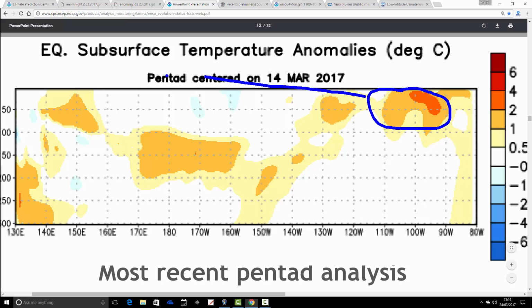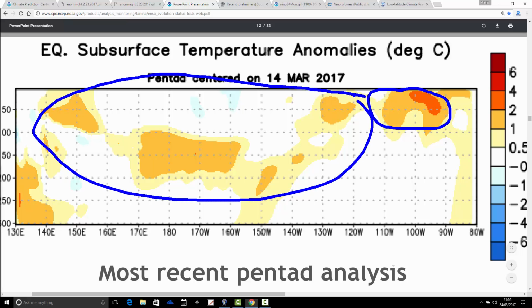But going out further towards the central part of the equatorial Pacific, which is all this sort of area just here, you see that overall and at depth, yes, we have got warmer than average water, but it all looks rather flimsy, hasn't really got its act together yet and started moving up towards the surface.